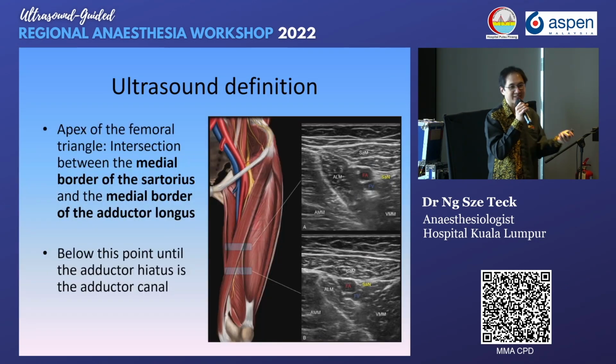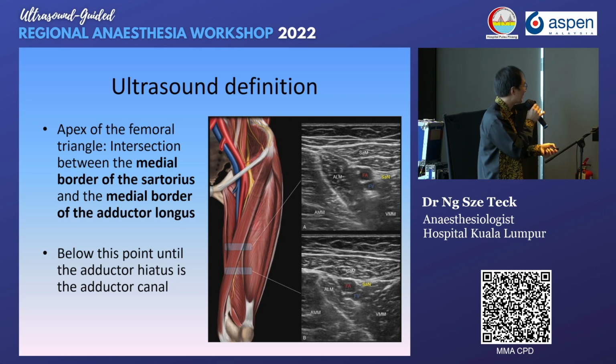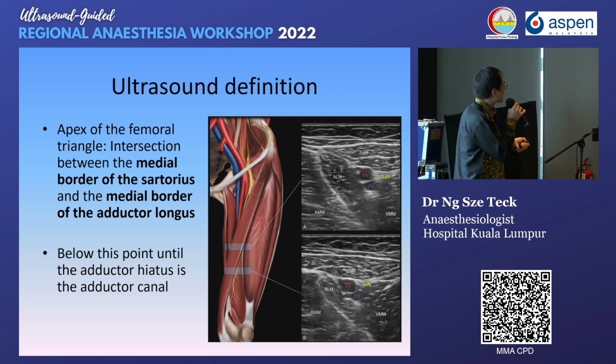So how do you actually define the adductor canal under ultrasound? Now with ultrasound, we can see the muscles, so they started to define the canal by the muscles. When you scan, you follow the sartorius muscle, then you see the vastus medialis and the adductor longus. This is lateral, this is medial.